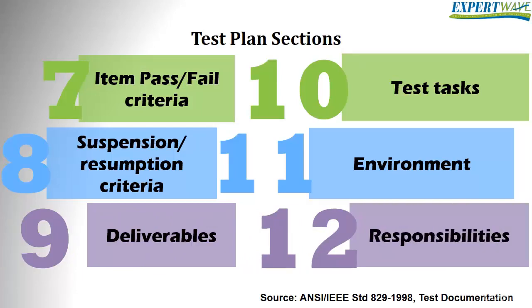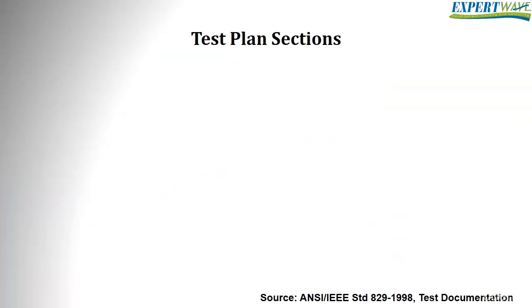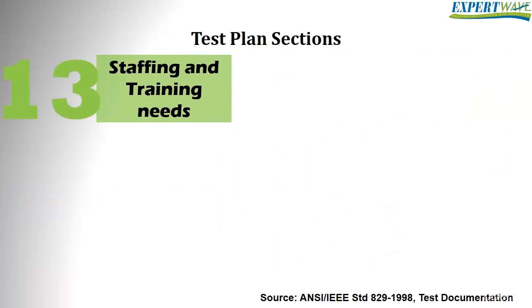Here we will identify the roles and tasks to be used in the test project and who will own those roles. 13. Staffing and training needs. Staffing and training needs identify any actual staffing requirements and any specific skills and training requirements needed by the team, such as automation or database knowledge and so on. 14.